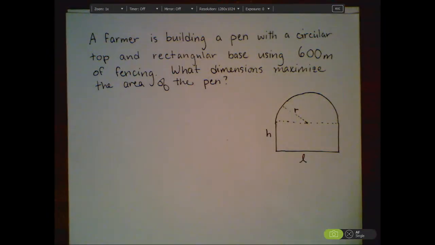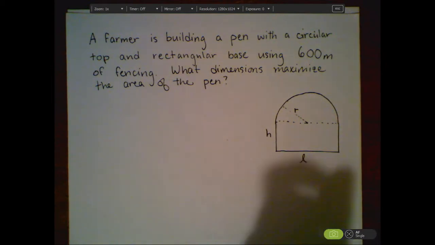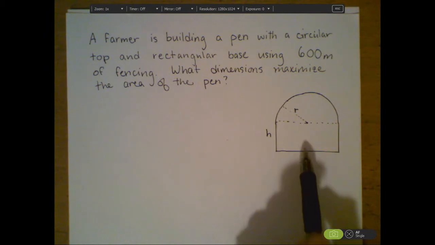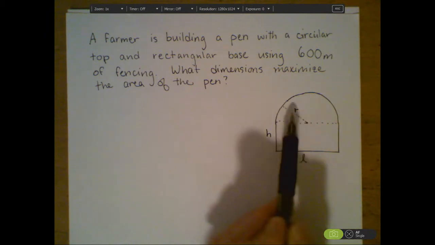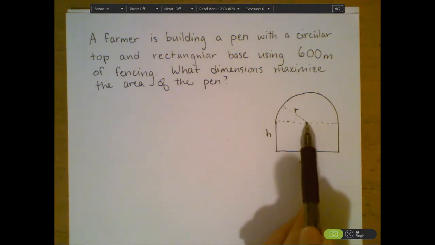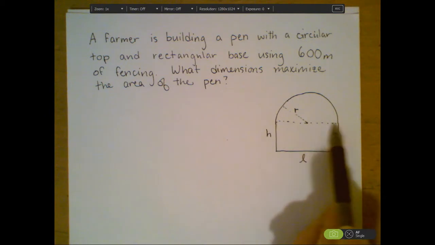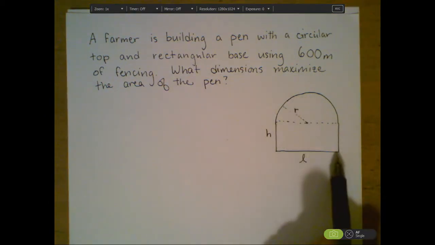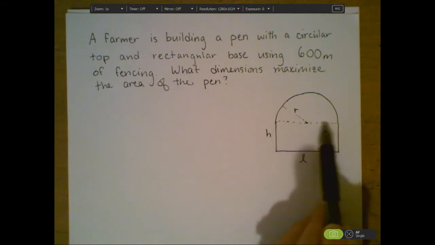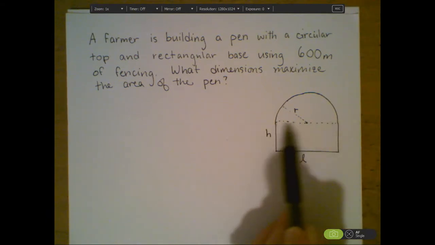That's a lot of variables, right? Before we use all of these variables, what's a way that we could simplify this? I see in this picture, R is the radius of the semicircle, but it's also the radius along this half of the circle and this half of the circle. Namely, this length along the bottom is going to be exactly the diameter of the circle.